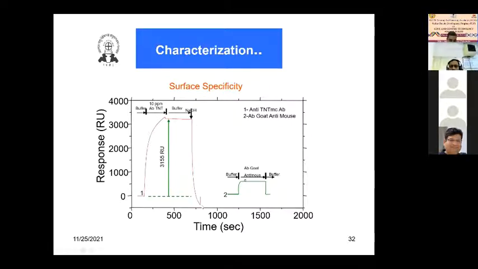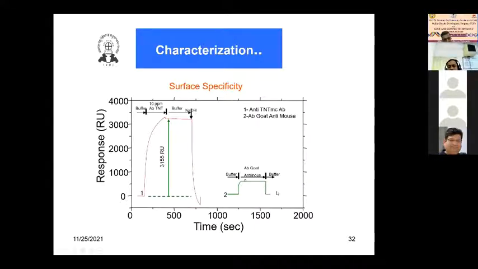And when, instead of the anti-TNT antibody, you flow a goat anti-mouse antibody, you see that it shows only a certain change in reflection here. But as you finish your injection, it comes back automatically without any regeneration solution. So it means that it just passes through the sensor.